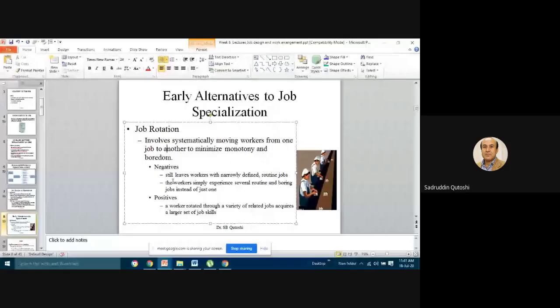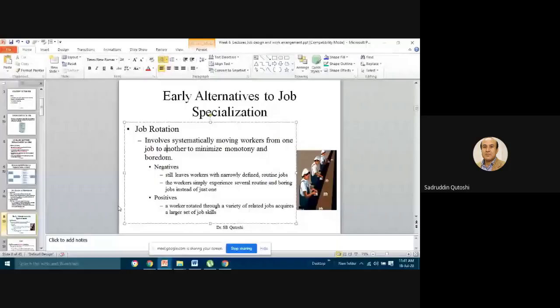When you look at the negative, it still leaves workers with narrowly defined routine jobs, and because of that the workers have some sort of problems in their jobs.